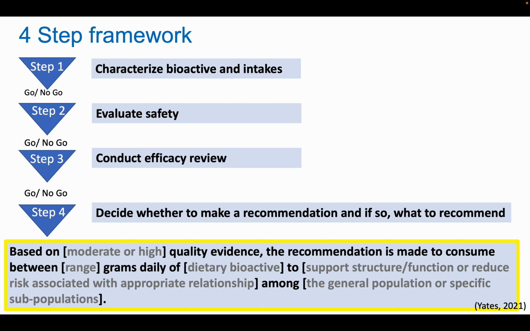A structured conclusion statement helps guideline developers communicate the recommendation in the full context of relevant information, including the quality of evidence for the specific bioactive and health outcome, whether it's to maintain normal structures and functions in the body or to reduce the risk of specific health outcomes, and also to clearly state if the recommendation applies to the general population or to specific subpopulations.